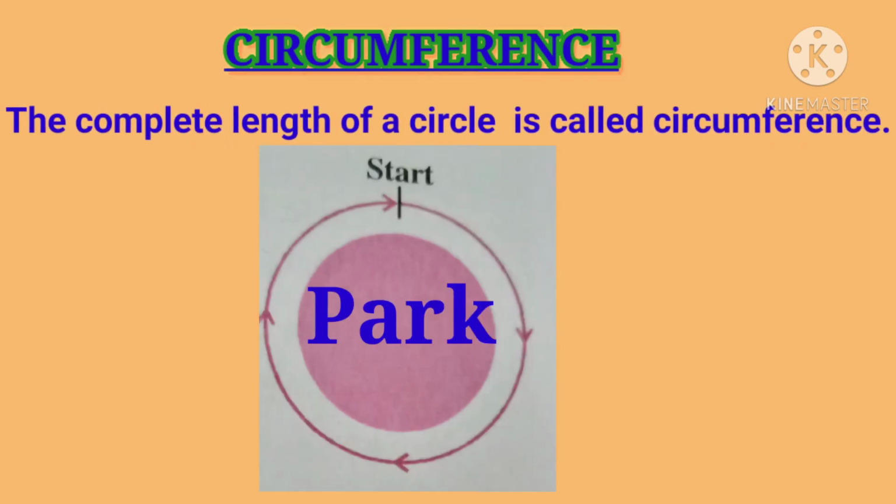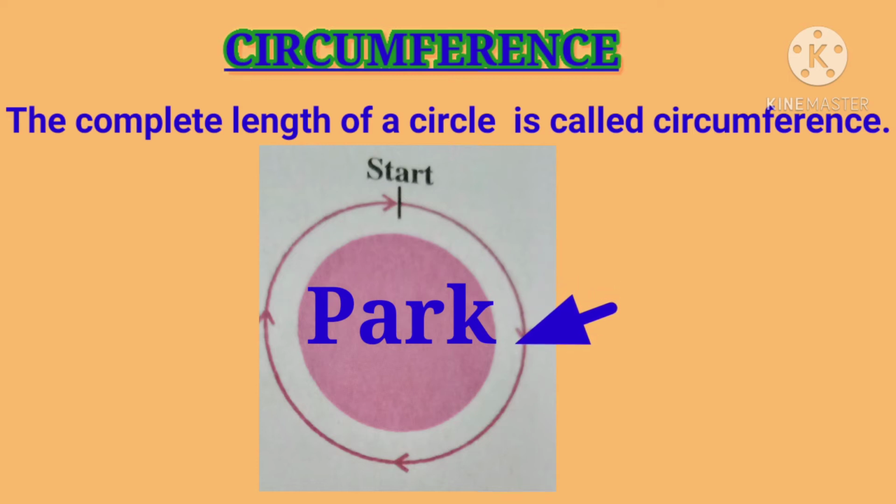Students, the next term is circumference. The complete length of a circle is called circumference. In a circular park, a boy started walking from a point around the park and completed one round.